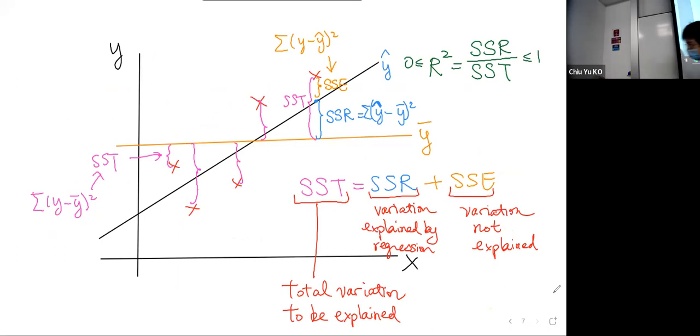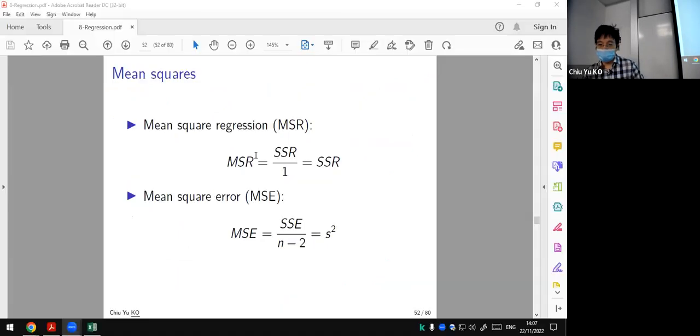So you compare the case with only one scenario. So that's why there's 1 here, okay? The degree of freedom is 1. And the degree of freedom of this is n minus 2. This is the same as what we've done with the one-way ANOVA. Okay, so we have done that.